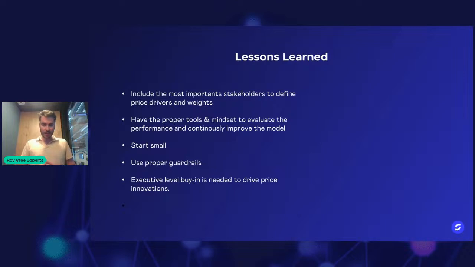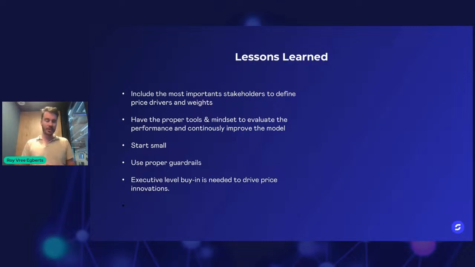Then the second one is, as Arjan already explained before, you need to have the proper tools and mindset to evaluate that performance, because it's not just a one-off exercise. It's something you want to re-evaluate over a specific period of time. So you can create the model, but maybe the weights over time do differ and do change. You need to be capable to analyze these.